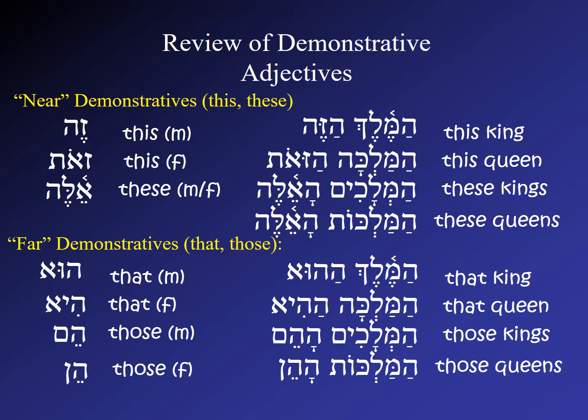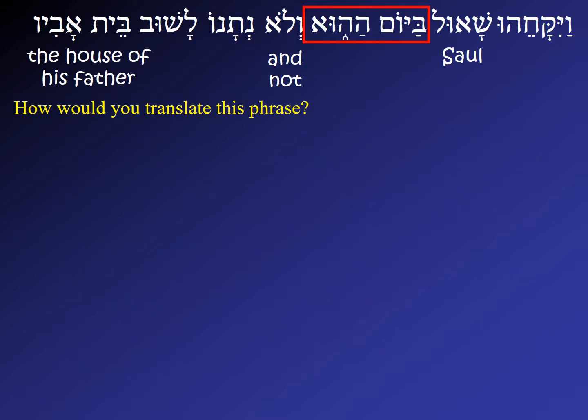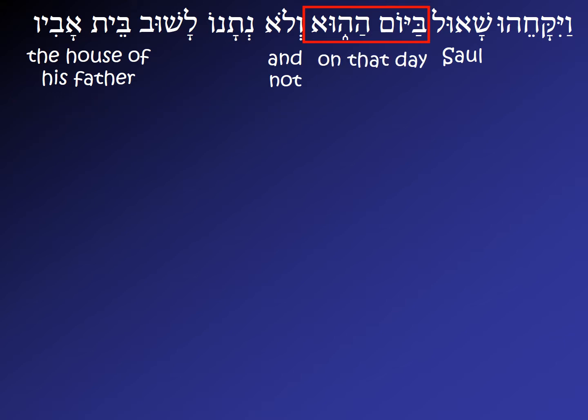So far demonstratives, those things away from you, and we use hu, hi, hem, and hen to indicate that. So then if we return to our phrase, bayom hahu, this is hu being used as a far demonstrative, an attributive adjective. So the day, that one, bayom hahu, meaning on that day.